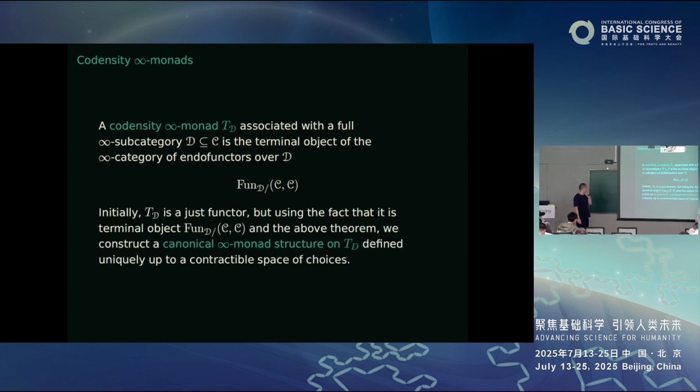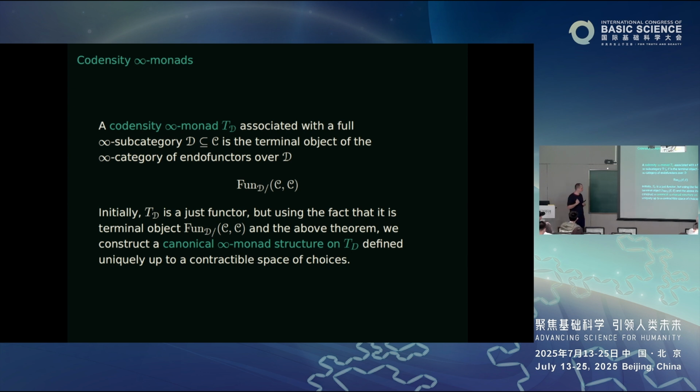Initially, by definition, this codensity infinity monad is just a functor, but using the theorem from the previous slide, using this universal property of this T_D, we can equip it with the canonical structure of infinity monad, which is not uniquely defined. This is the problem where the classical language doesn't work very well.